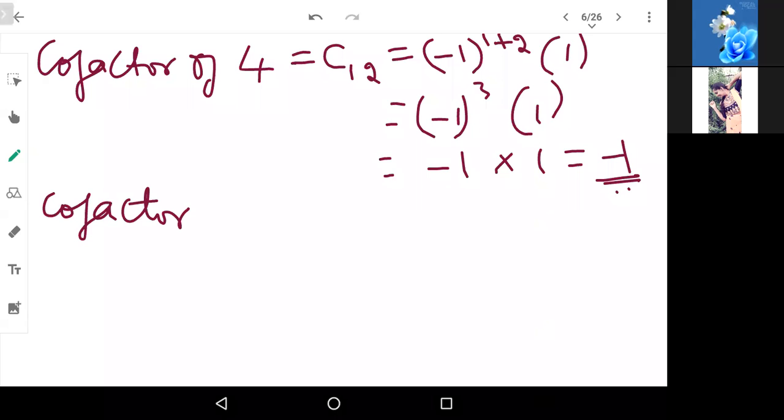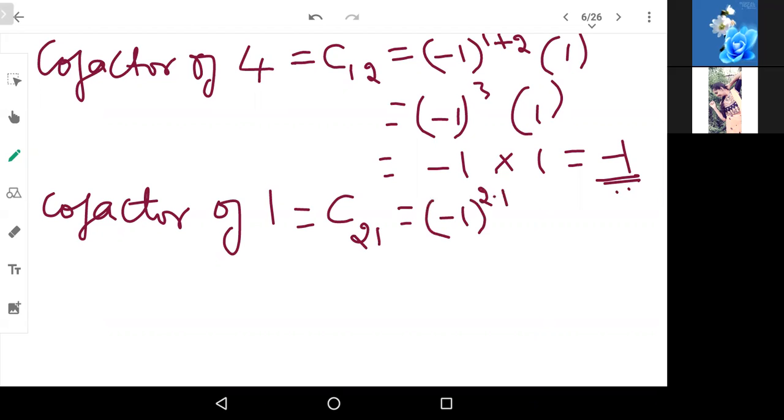Then cofactor of the next element, that is 1. What is the placement? Second row, first column. So -1 to the power 2 plus 1. How did I get 2 plus 1? Second row, first column. Okay.